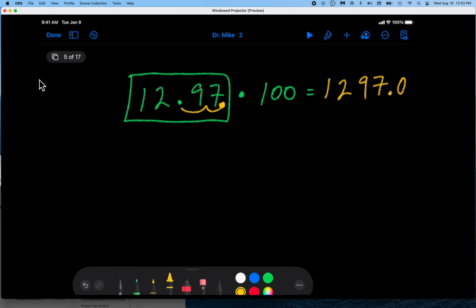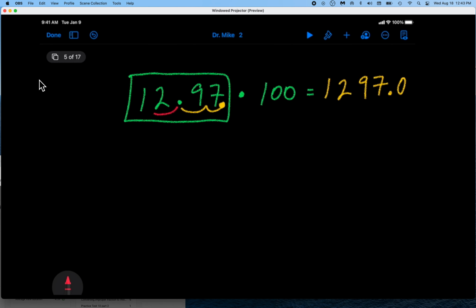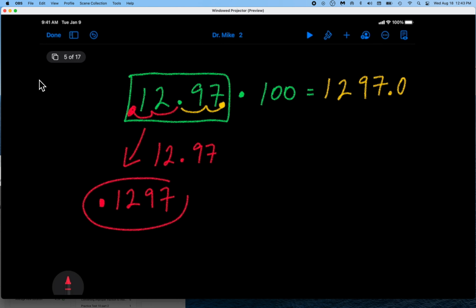Someone in class raises their hand and says, okay, how did you know not to move it left by 2 places? Well, if we moved it left by 2 places and put the decimal place there, it would have become 0.1297. It would have gone from 12.97 originally, move it 2 places to this number.